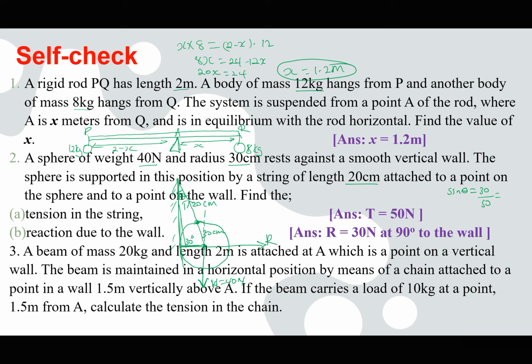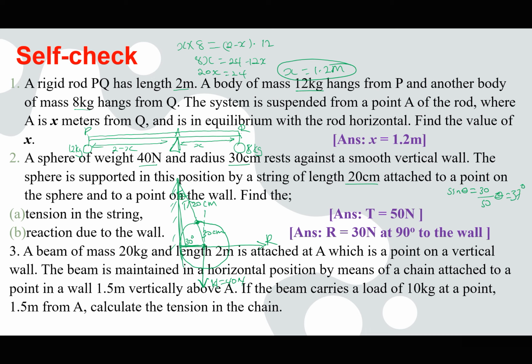So this means theta is sine inverse of 30 divided by 50. So theta is approximately, I would just take 37 degrees. So that is theta.